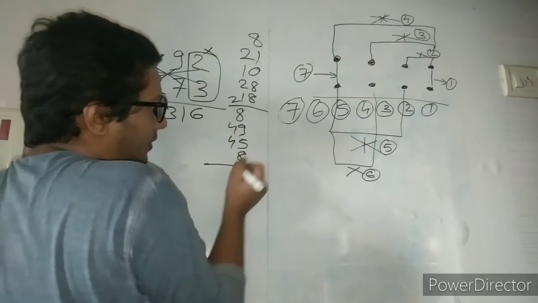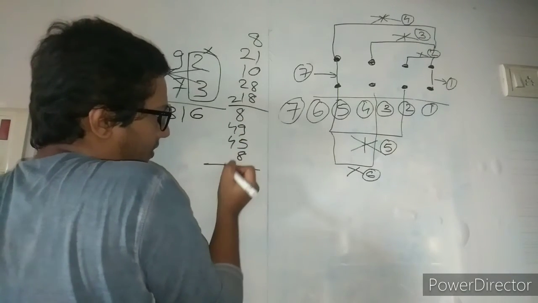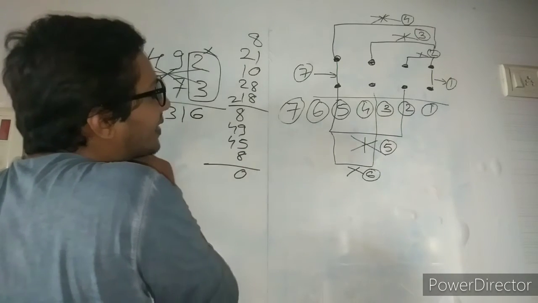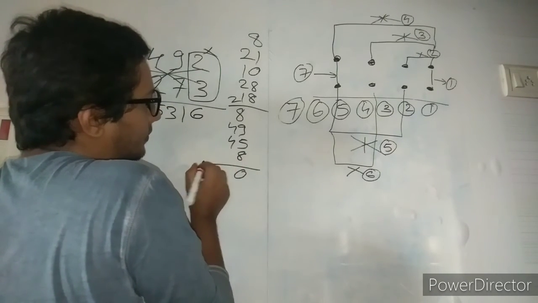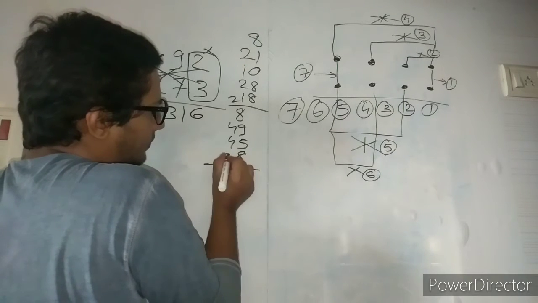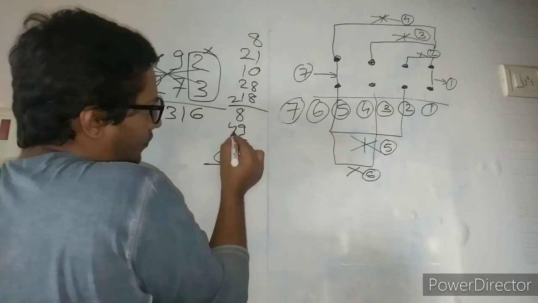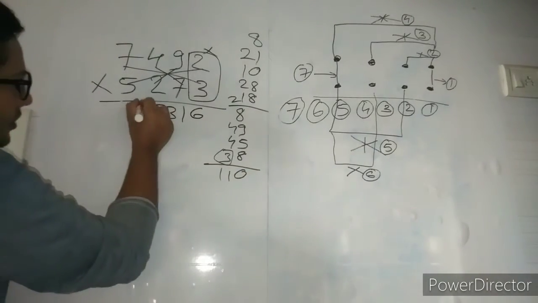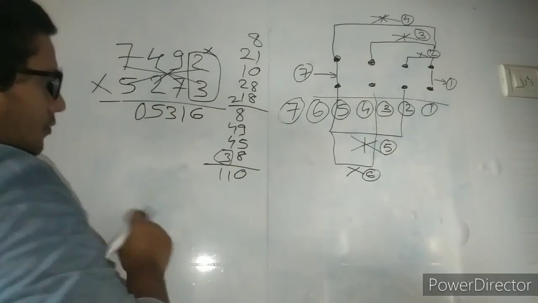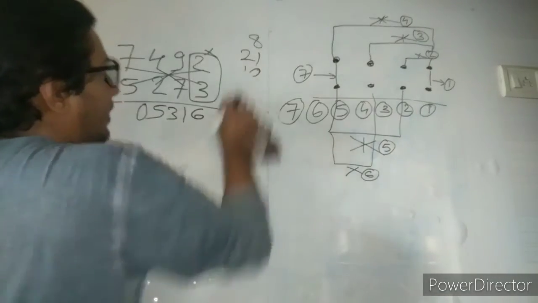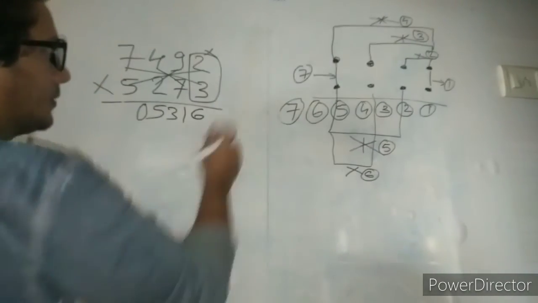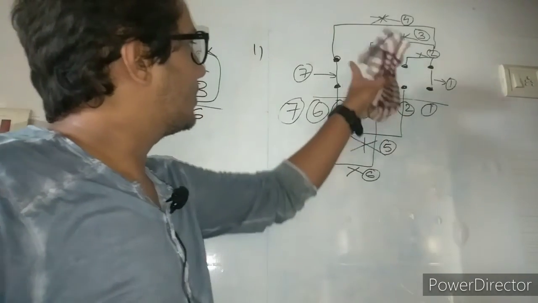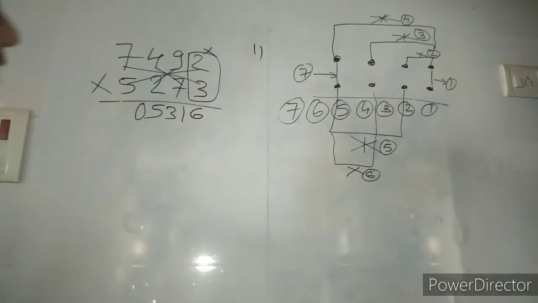Addition of this whole number, 8 plus 9 is 17, 17 plus 5 is 22, 22 plus 8 is 30, 3 carry forward. 4 plus 4 is 8, plus 3 is 11. So 1 1 0, so 0 here, and 11 carry forward. So I'm writing here 11. Next step, 6th step, cross multiplication of these 4 numbers and then addition.